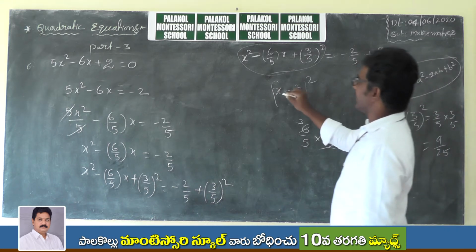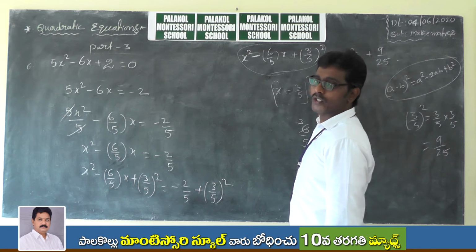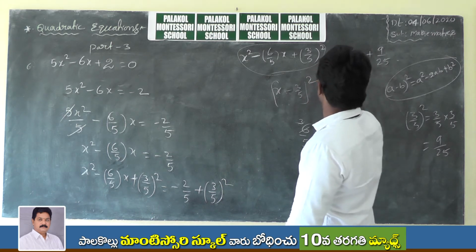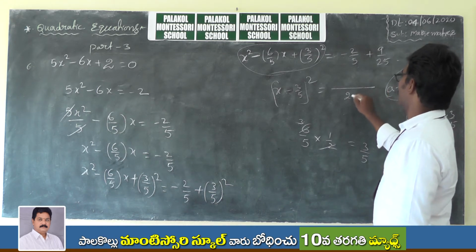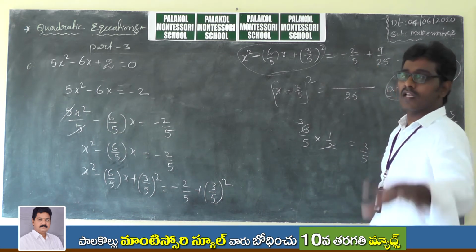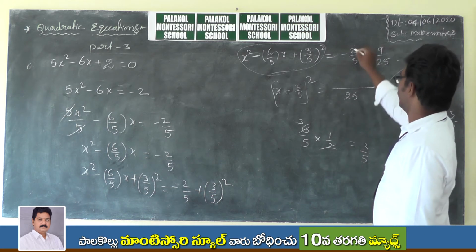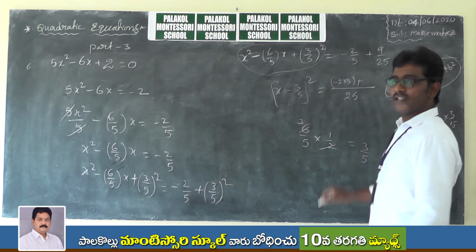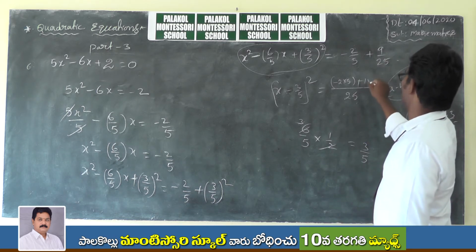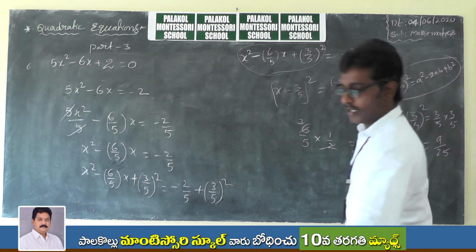That's why I write (x minus 3 by 5) whole square. Is it clear? So equal to, here the LCM is 25. This 5 is cancelled how many times? 5 times. So minus 2 times 5 plus 25 is the same, so 1 into 9.